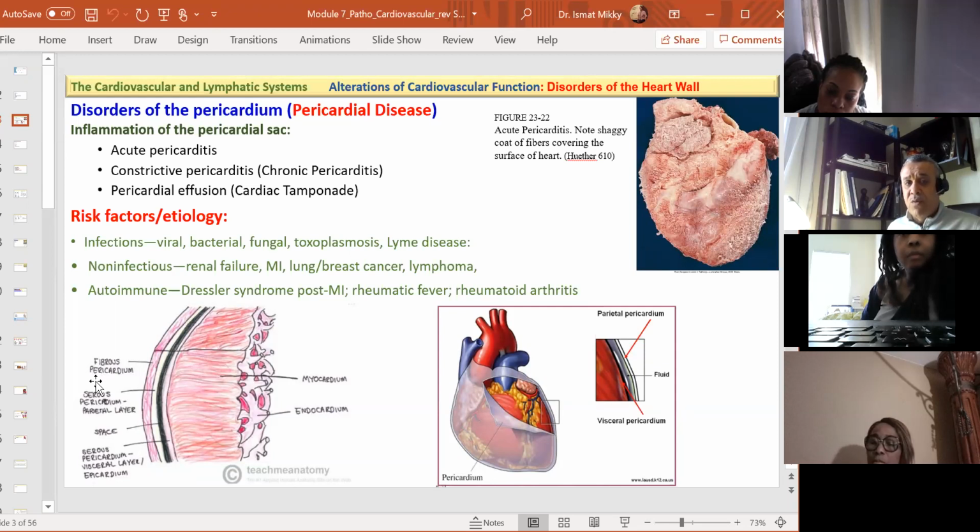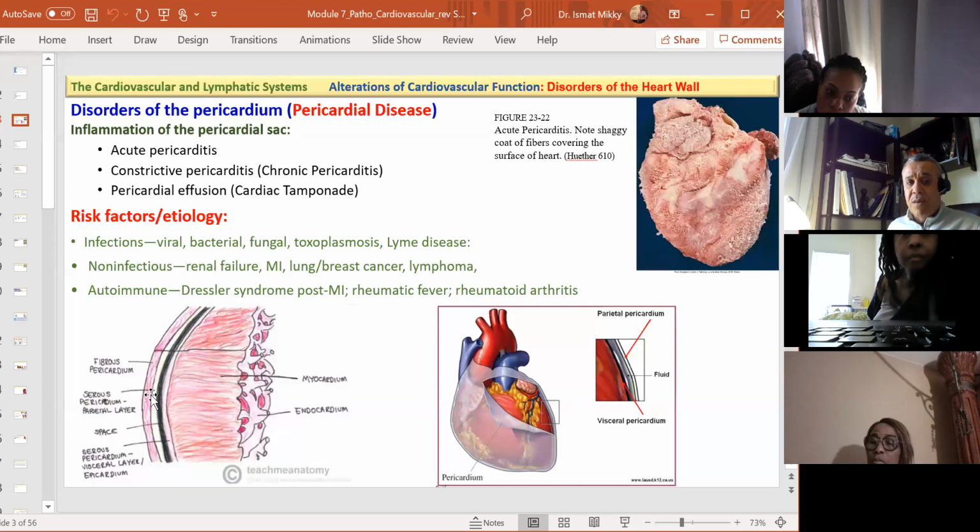We have more than one pericardium. The first one from the outside is called fibrous, and then next to that is the serous pericardium. We have the serous pericardium parietal and visceral.